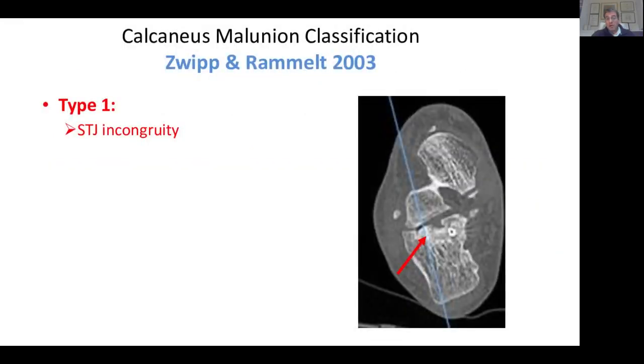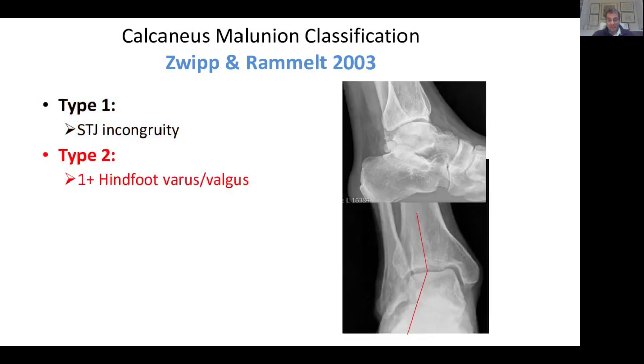Now, Stefan Rammelt and Dr. Zwipp came up with another classification, which is a lot more comprehensive, I could say, about 20 years ago. And they said type 1 is those fractures where the subtalar joint is incongruent, so I would say arthritic. If you have incongruity and varus or valgus of the hindfoot, that's a type 2.